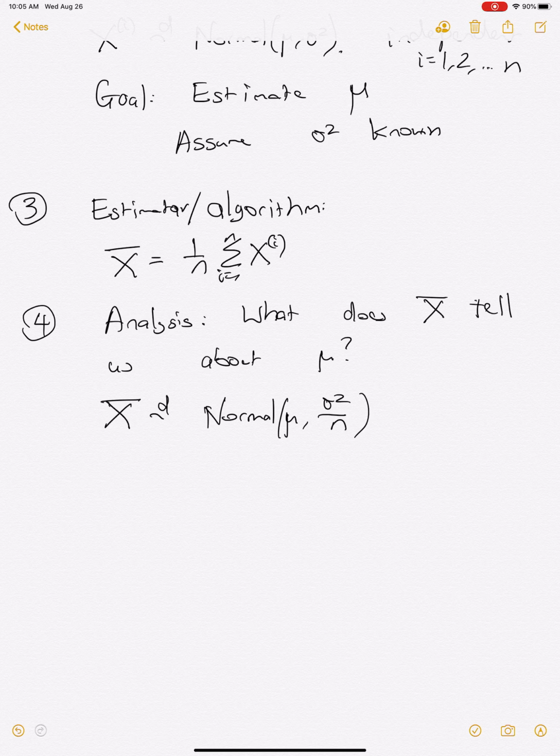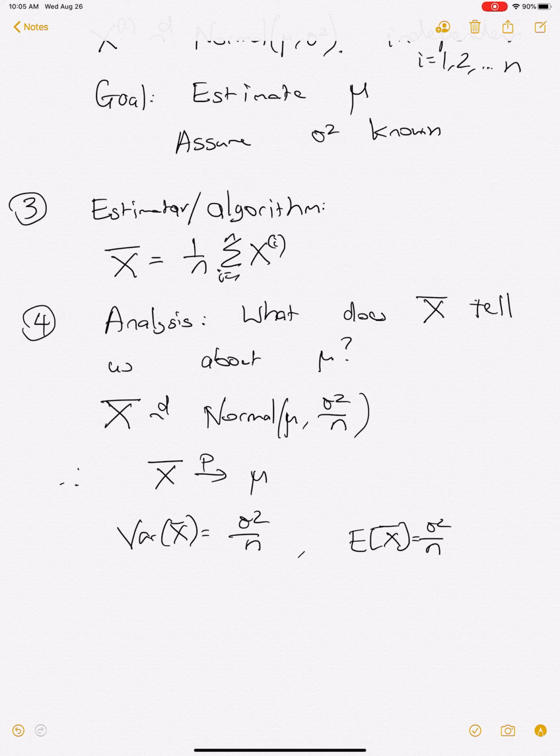So we can certainly say that x bar will converge in probability to mu. And we also know that the variance of x bar is sigma squared over n. And the expectation of x bar is mu.